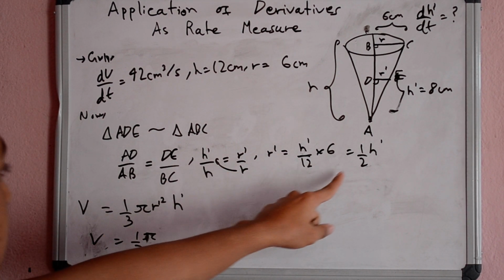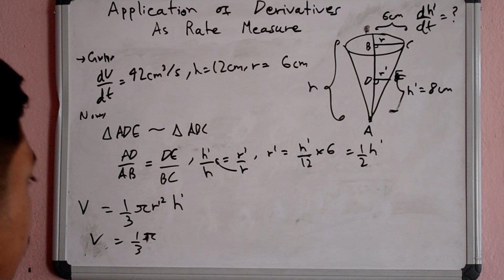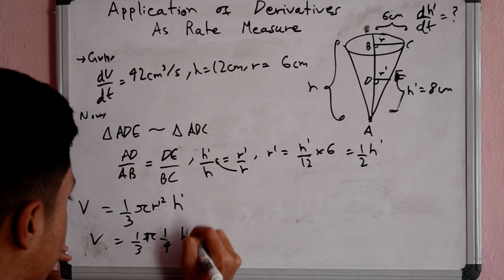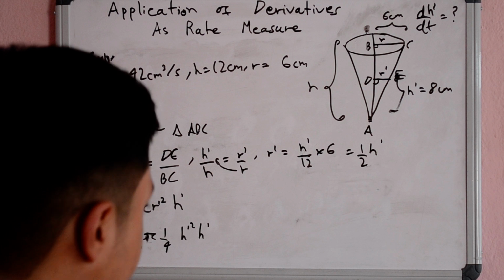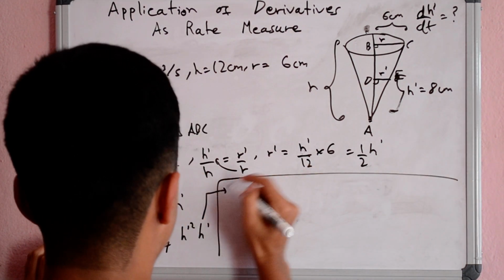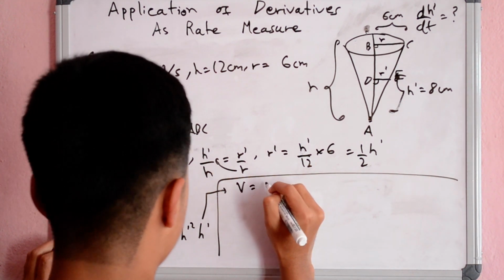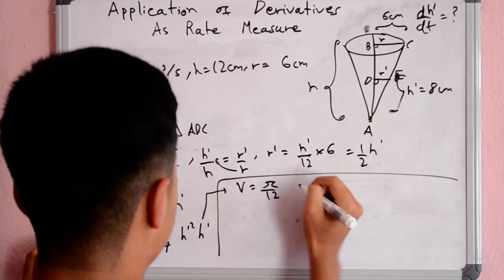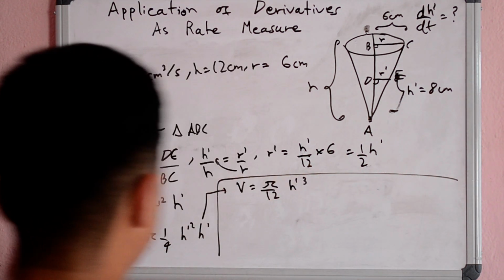R prime we can write it as 1 by 2 h prime, and square that we get 1 by 4 h prime square into h prime. So this will be v equals to pi by 12 h prime cube.